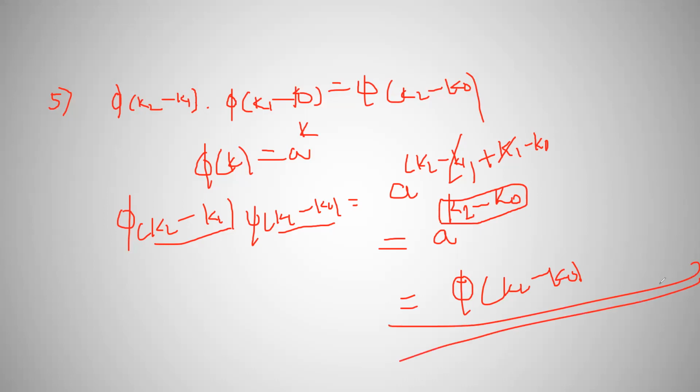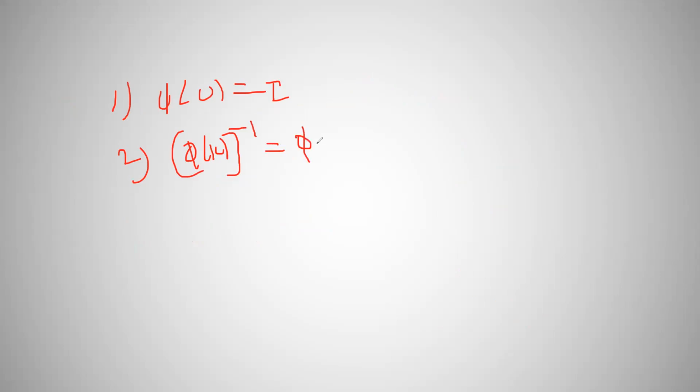This is hence proved with the third property, fifth property. So 5 properties. First, phi of 0 is equal to I. Second, phi of k whole inverse is equal to phi of minus k.